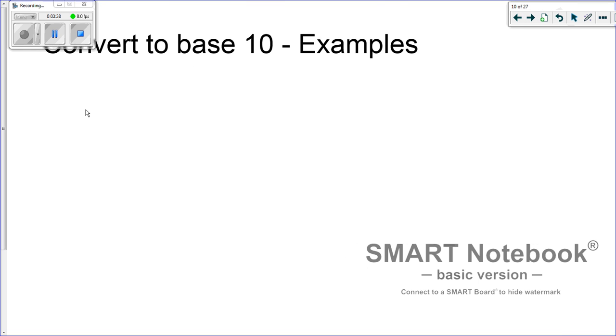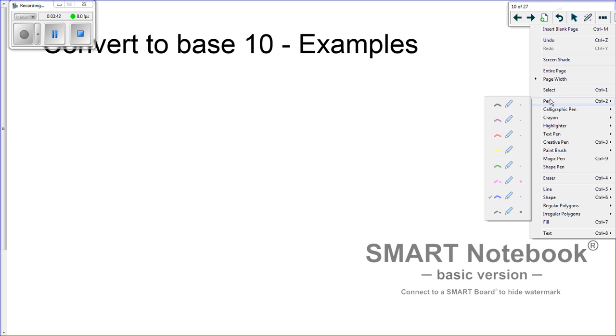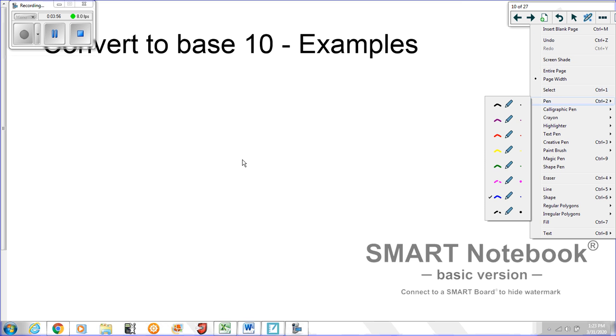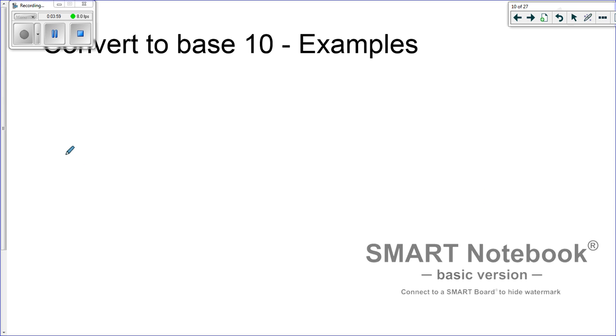So let's do a couple examples. I'm going to do the one that was on the page before, which was the 1, 2, 3. So let's say I had the number 1, 2, 3 base 5, and it said convert it to base 10.